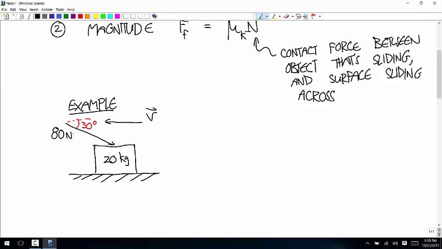So first, how can this picture even make sense? I think that's the first thing you have to understand with these problems, because we haven't dealt with velocity before. You look at this and think that 80 Newton force is never going to make it go this way, right? So is this possible? Yep.